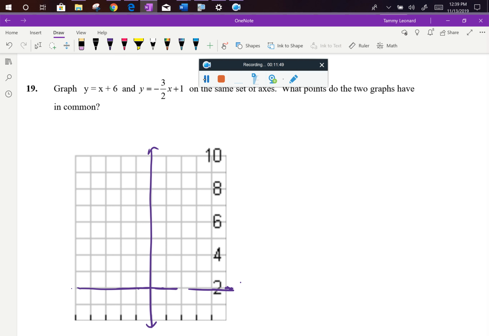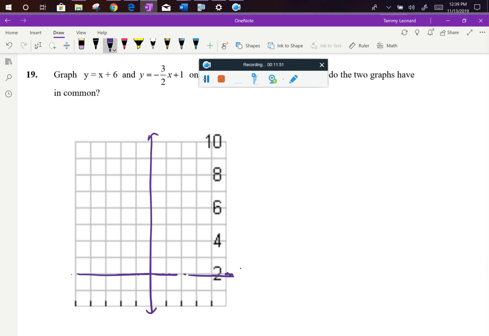Technical difficulties here. It doesn't seem to want to write at the moment. I'll come back and fix that part later. So y equals x plus 6 is going to be up 6 spaces, and it's going to go up 1 over 1. What the heck?